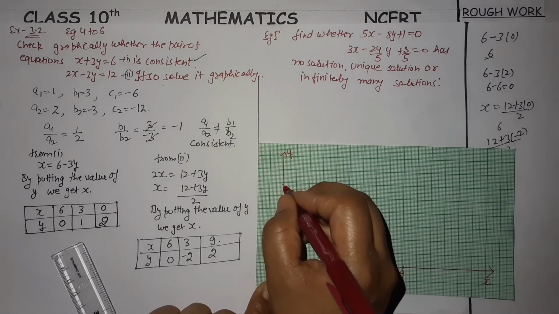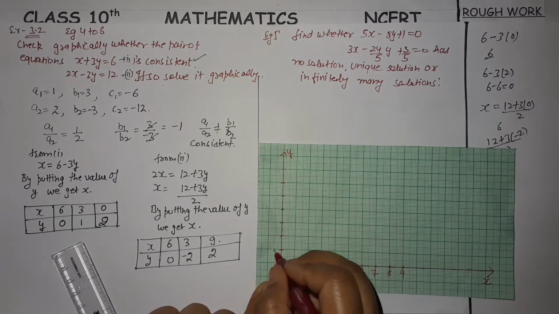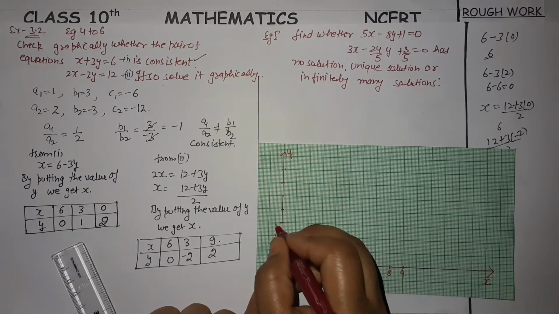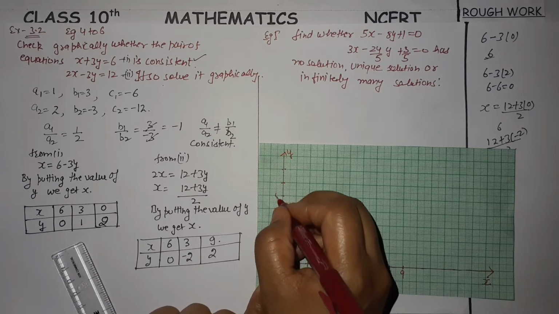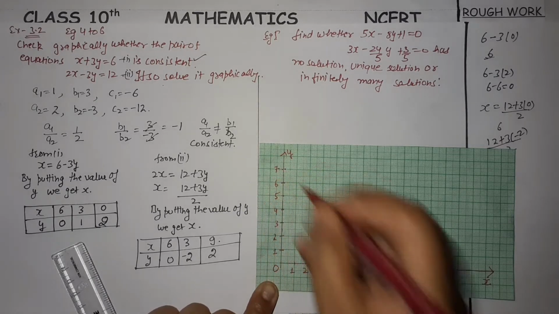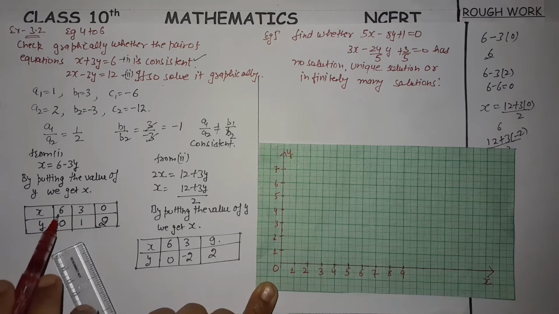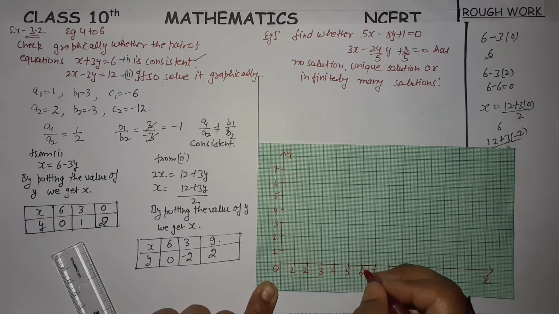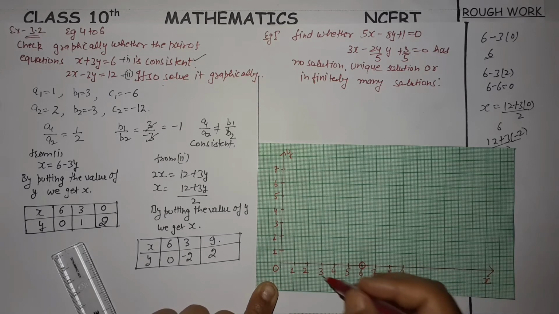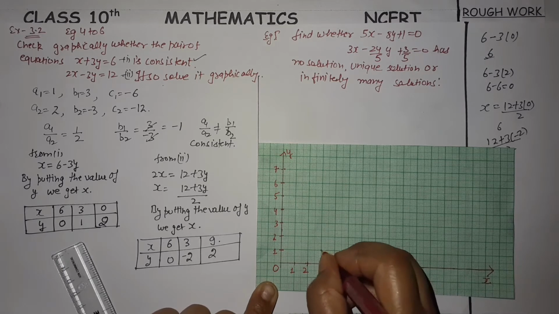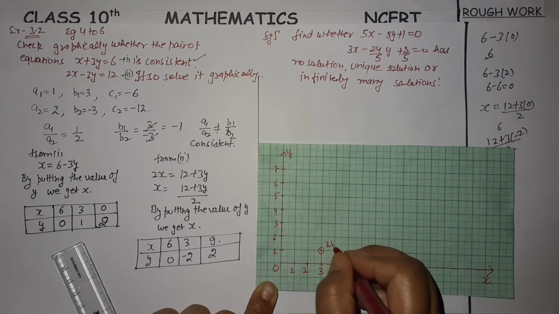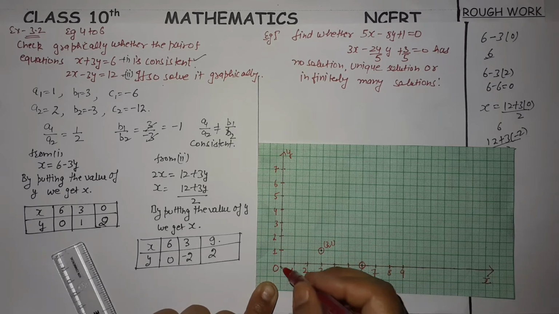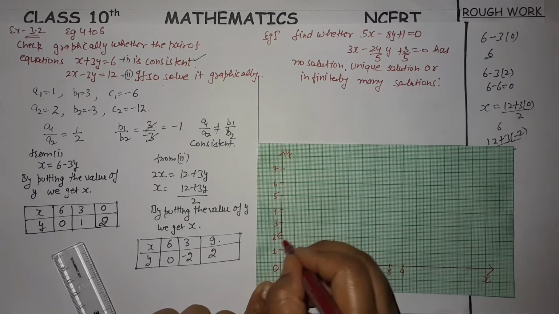Similarly, marking on the y-axis. See carefully, everyone. Plotting x 6, y 0. Dot and encircle. x 3, y 1. x 0, y 2.